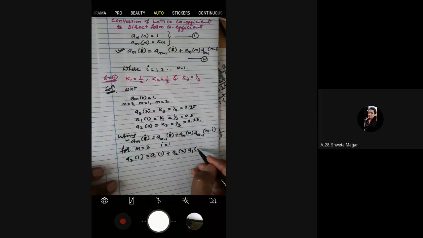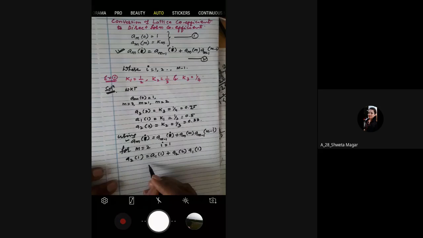So this is equals to, what is the value? Can you calculate the value? You just substitute all these values. a1 of 1 का value कितना है? 1 by 2 plus a2 of 2 is how much? 1 by 3, which is equals to, what is the value?